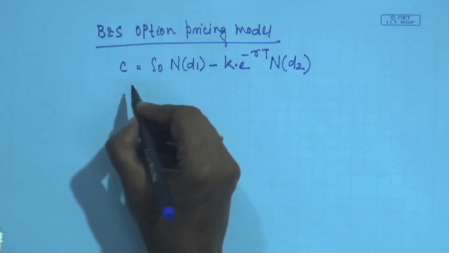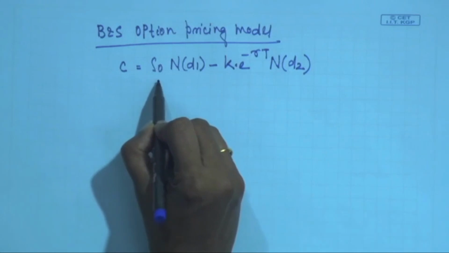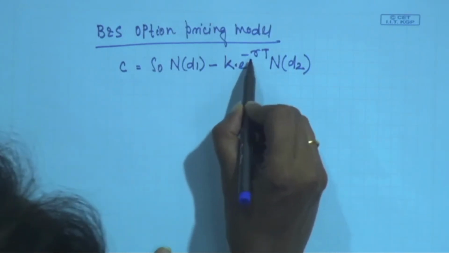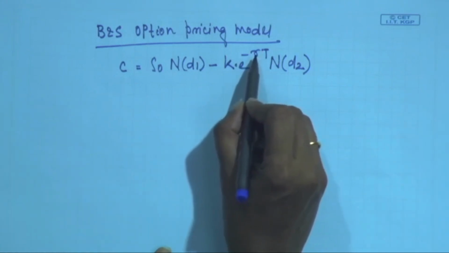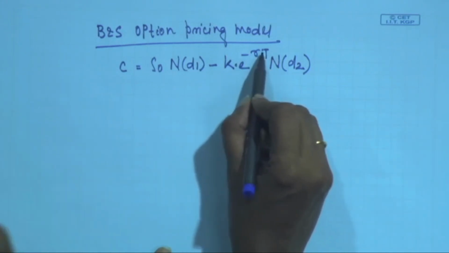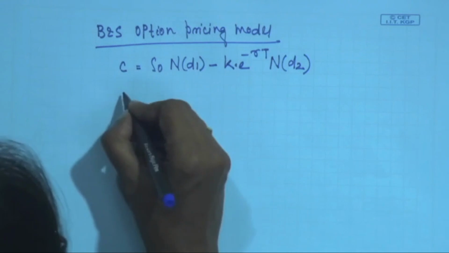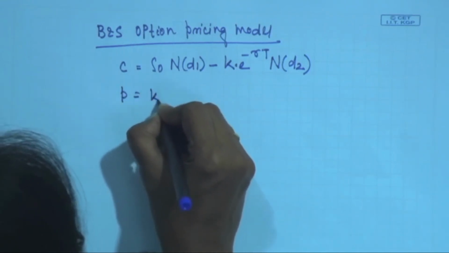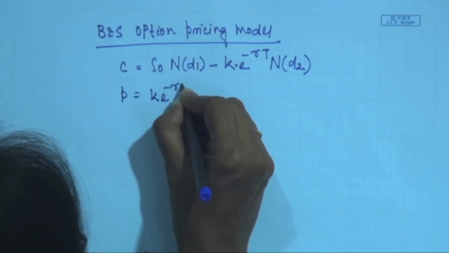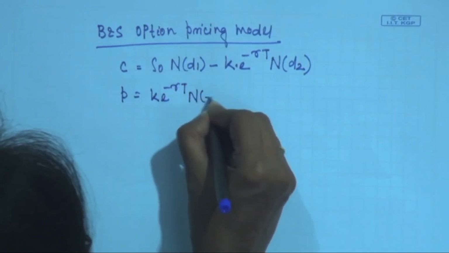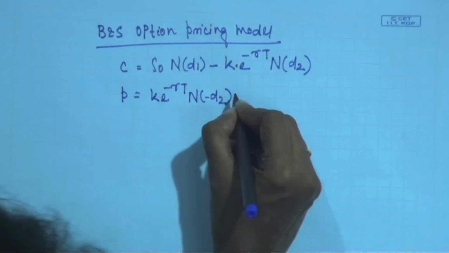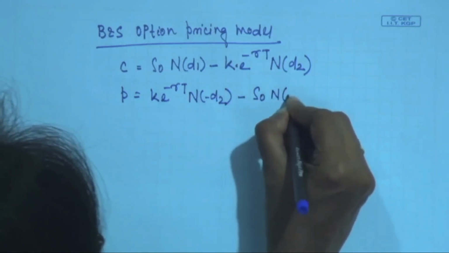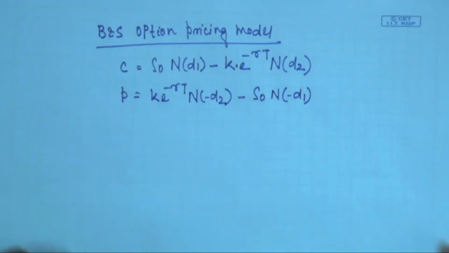So in C, S0 is your spot price, K is your exercise price, R is your continuously compounded risk-free rate, and T is your time to maturity. Similarly, P is K e to the power minus RT N(minus d2) minus S0 N(minus d1).